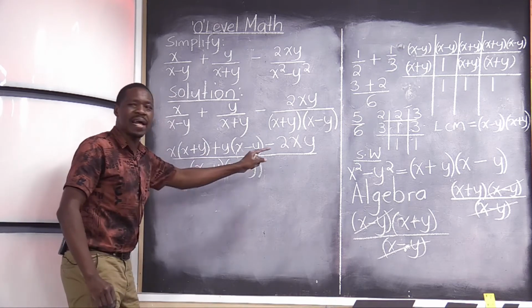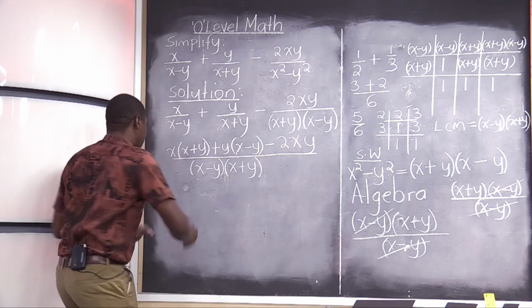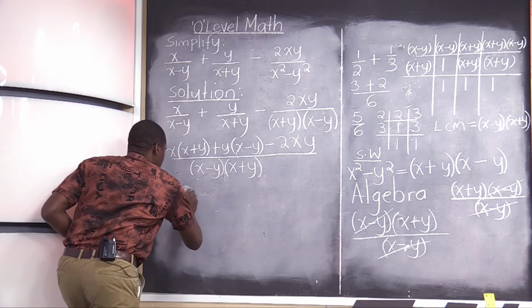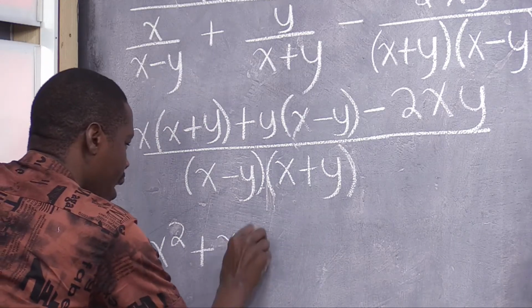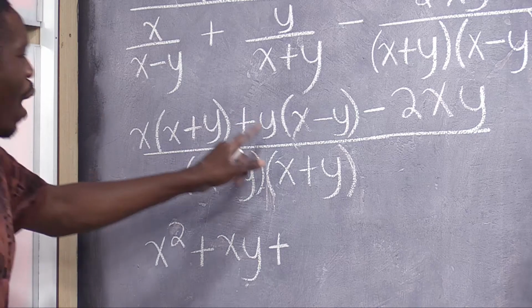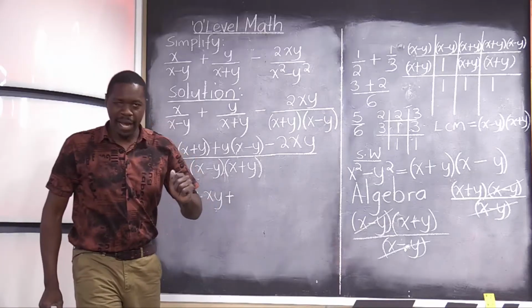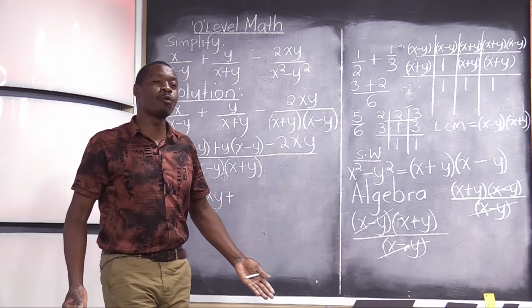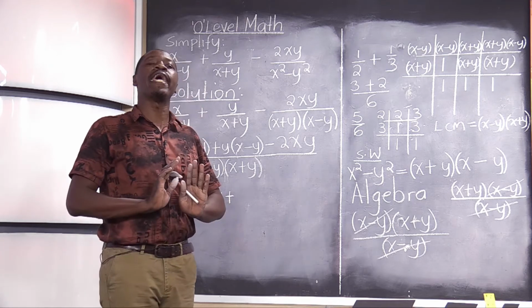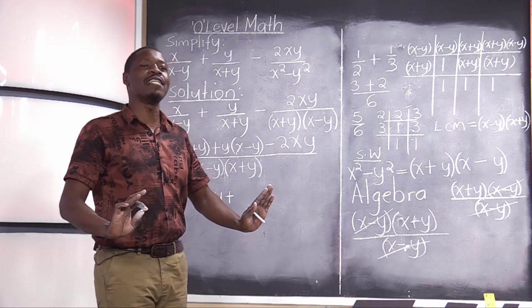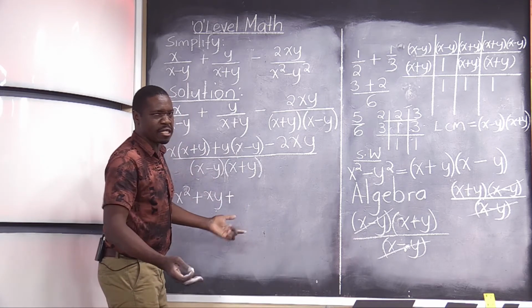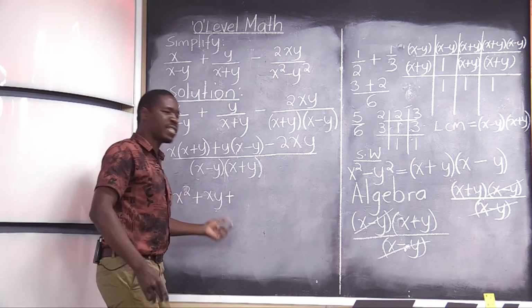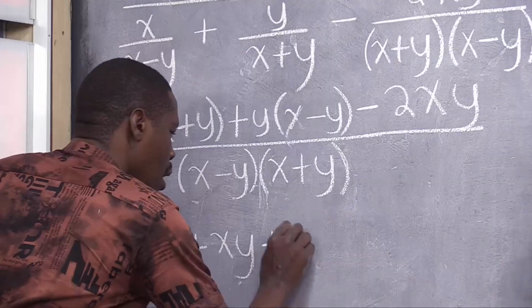We are going to open the brackets. X times x, we get our x squared. Plus x times y, we get our xy. Plus y times x, you get a yx. But even if you say the xy, you still have the same answer. Now, y times x, you can write yx or you can write xy for purposes of uniformity.